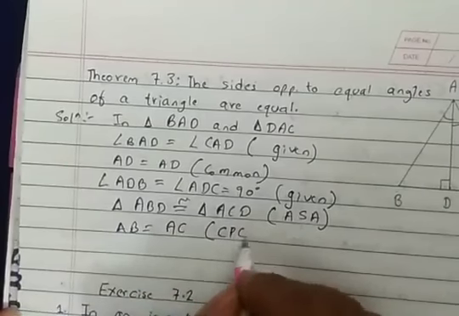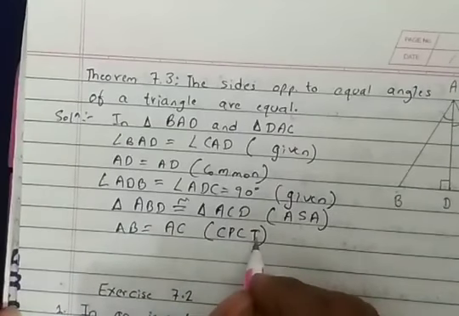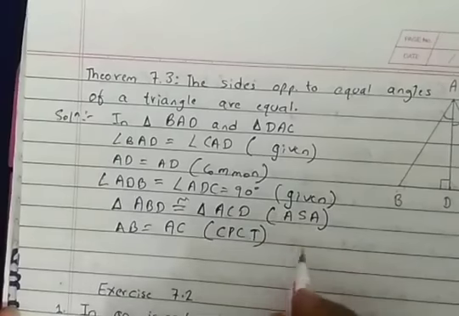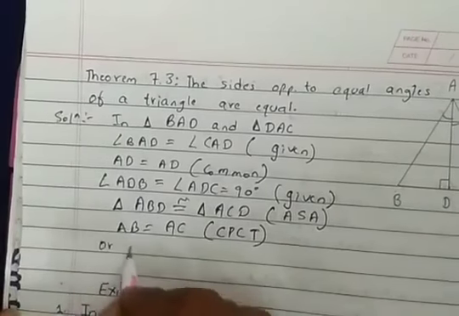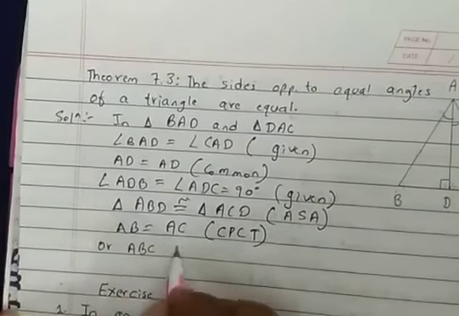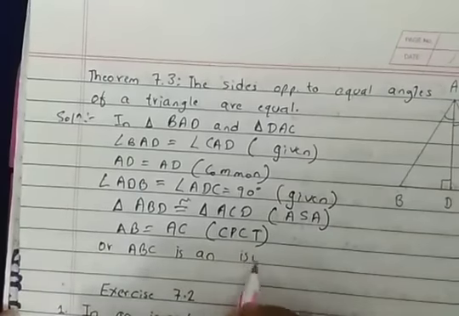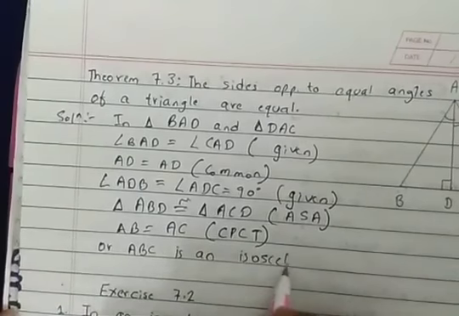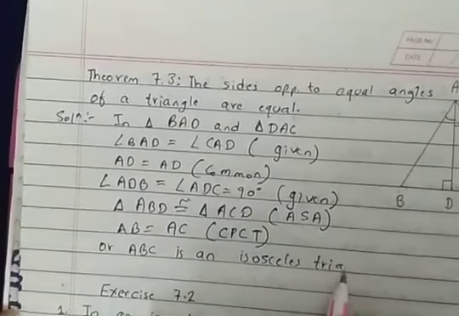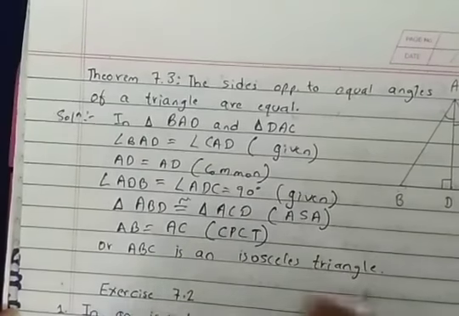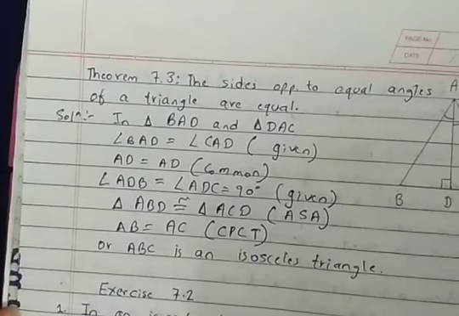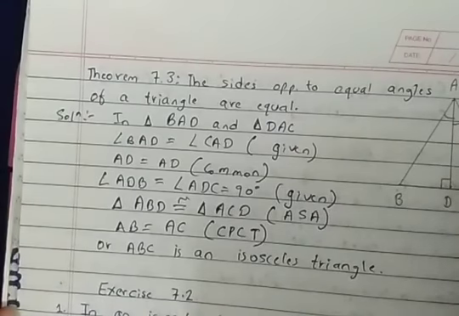Corresponding parts of congruent triangles, right? Or we can say that ABC is an isosceles triangle, right? We have proved that if the opposite angles are the same, then AB is equal to AC, so you can say that it is an isosceles triangle, right?